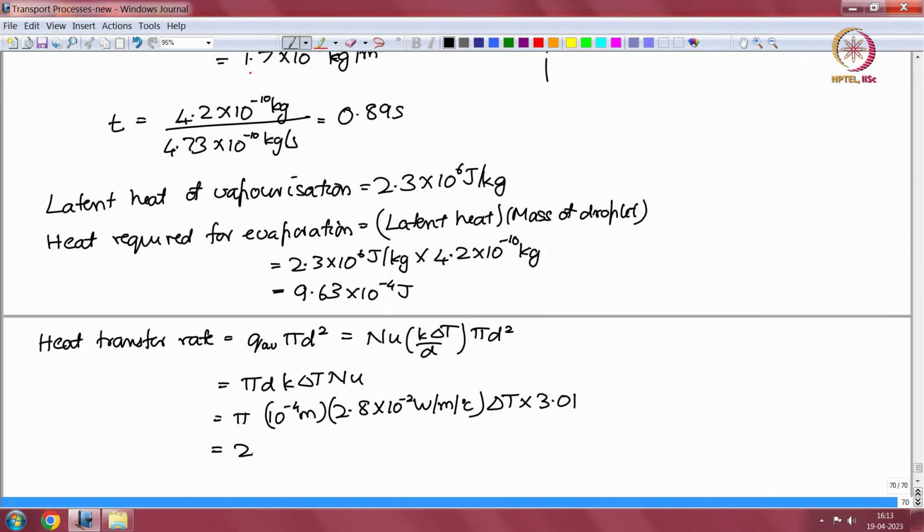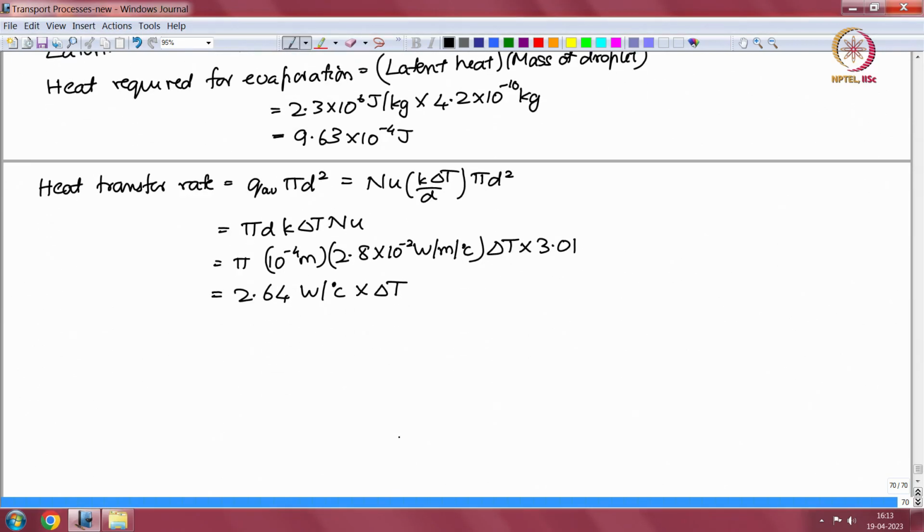So, this gives me 2.64 into 10 power minus 5 watts per degree centigrade into delta T. Okay. That is the heat transfer rate, joules per second.